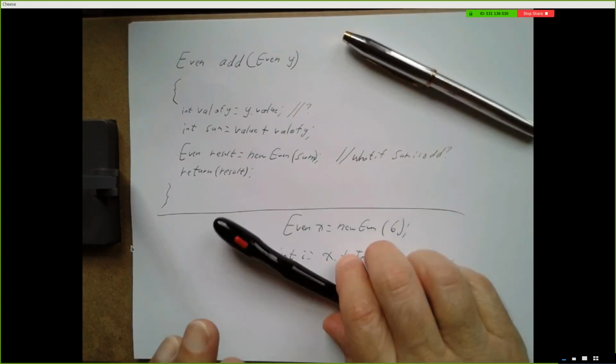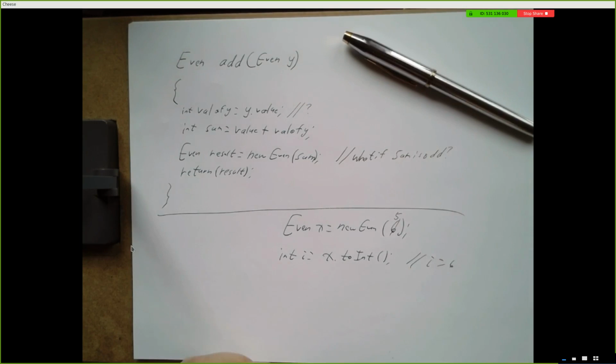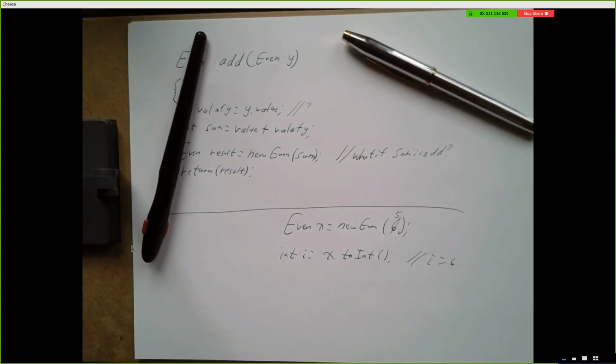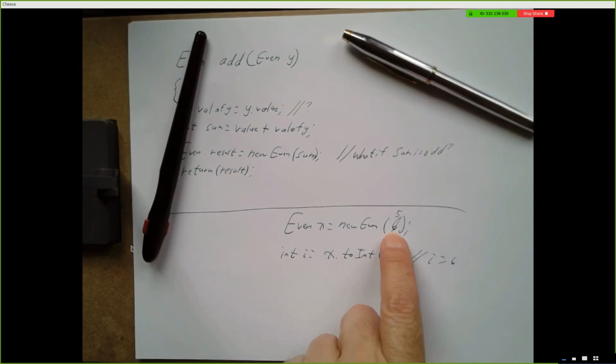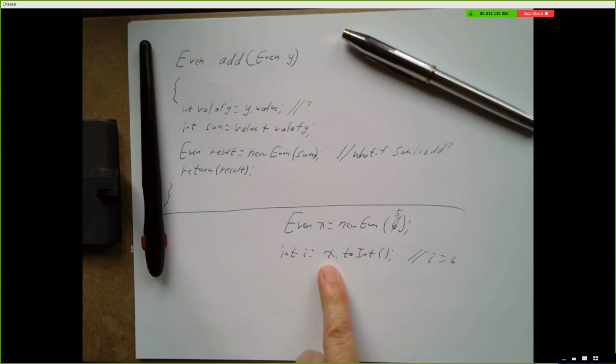And if I said even x equals new even(5), and I said integer i equals x.toInt, that should still set i to 6, because when I construct an even with a 5, the value of that even number is actually 6. It gets incremented according to our rules. And so toInt tells me basically the value of this object x, which should be a 6.